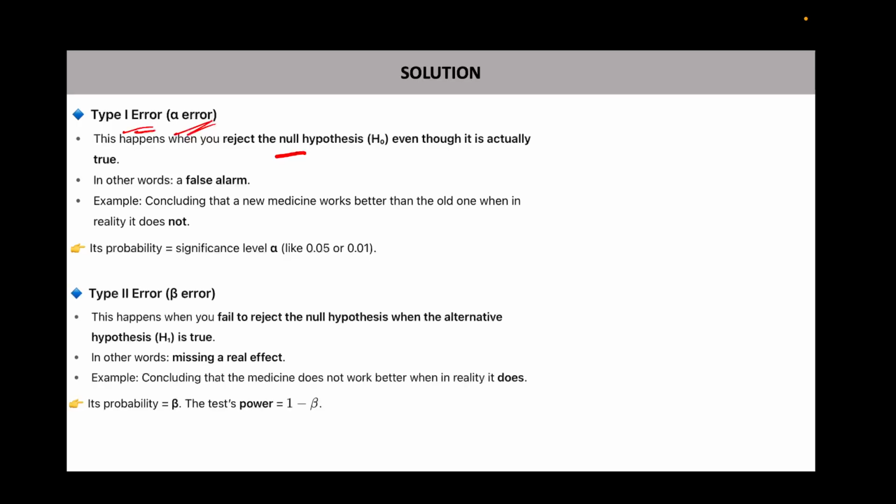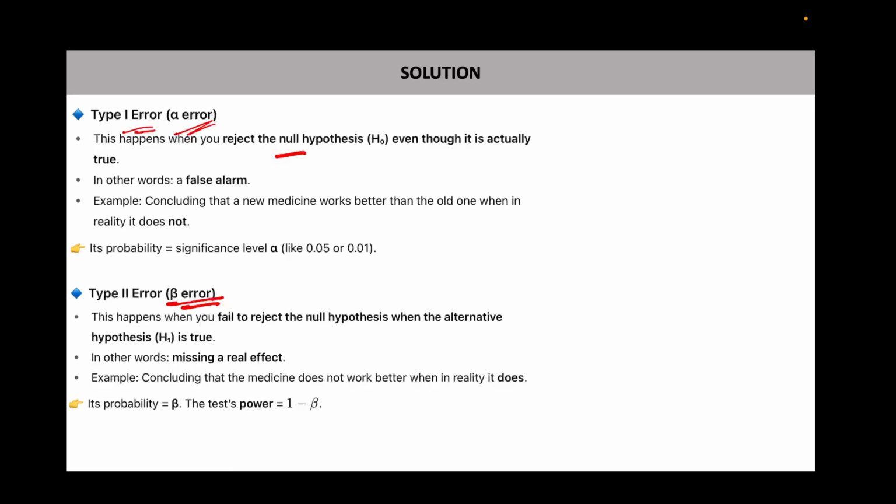The other type of error is type 2 error, also called the beta error. In this case, you fail to reject the null hypothesis when in actual case your alternative hypothesis was true. That means your null hypothesis is accepted, but it is not true, right? The error arising from this is called a type 2 error.